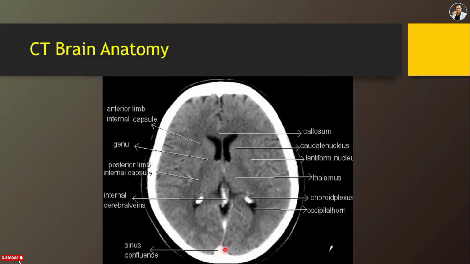These are the veins of the brain, which are called sinuses. So the large veins of the cerebrum connect here and create the sinus confluence. This is the right transverse sinus, and on both sides the sigmoid sinus connects here.